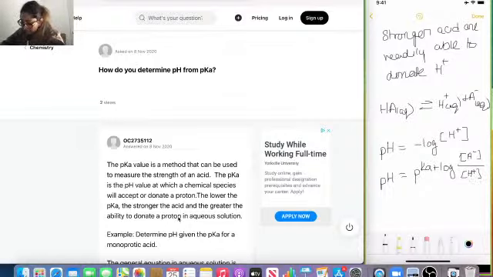Okay, and so this is how you determine the pH from pKa.